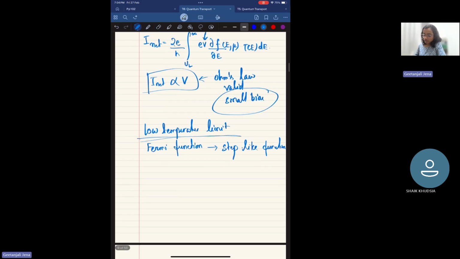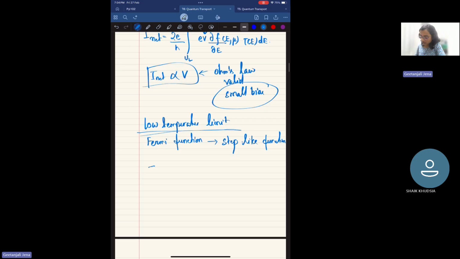So we have seen you can write the current as 2e by h, integral from mu_R to mu_L of T(E) dE.